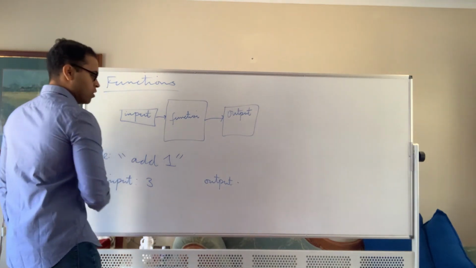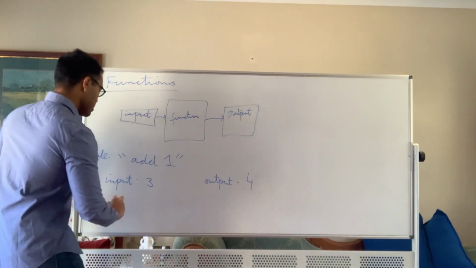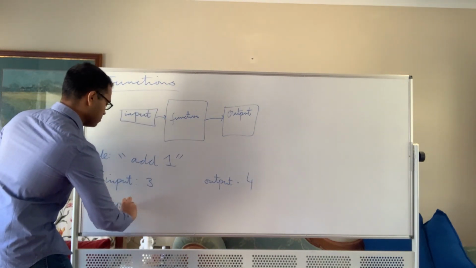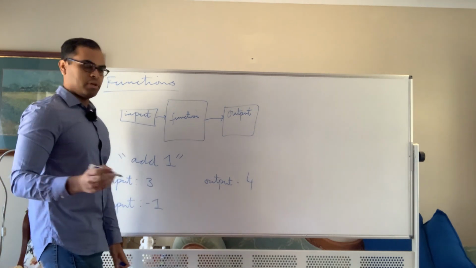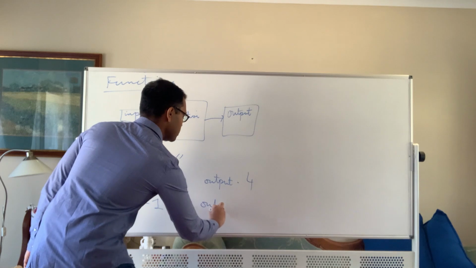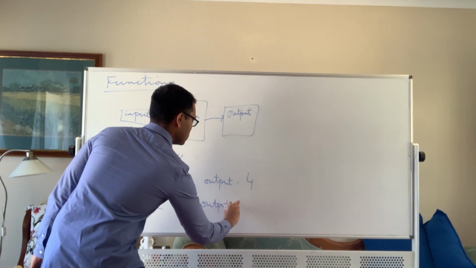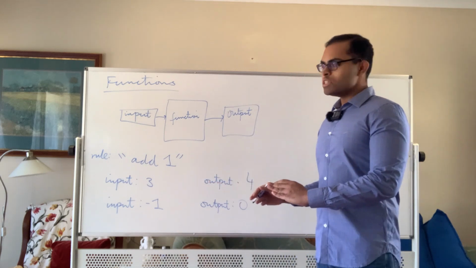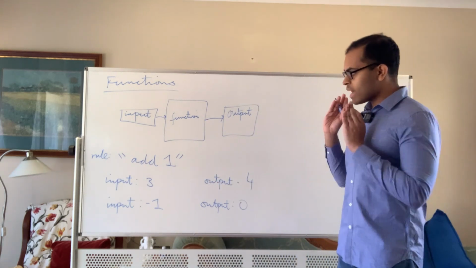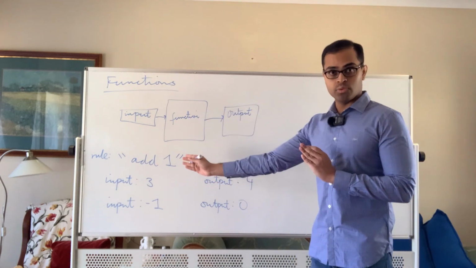So you're going to get 4. 3 plus 1 is 4. Similarly, if your input is, say, -1, what's your output going to be? Your output is going to be 0. Okay, so far straightforward. We just want to kind of understand what the function is. At its core, that's what it is. It's just such a rule.